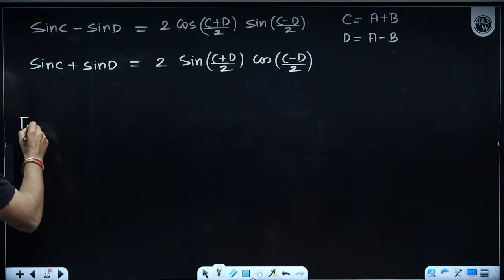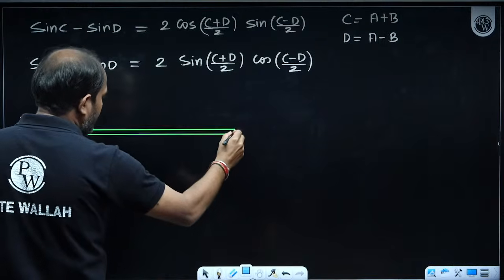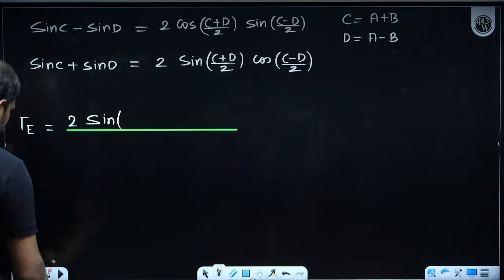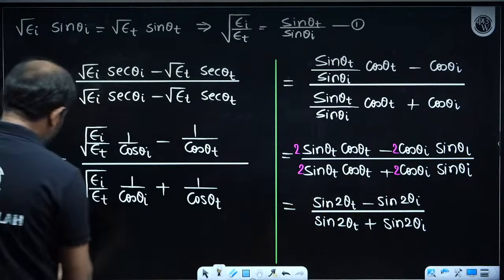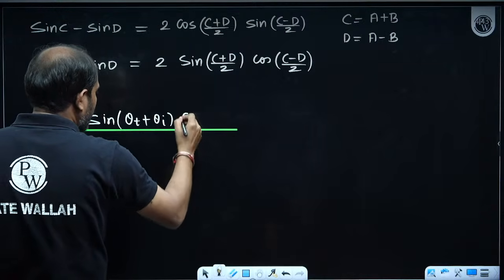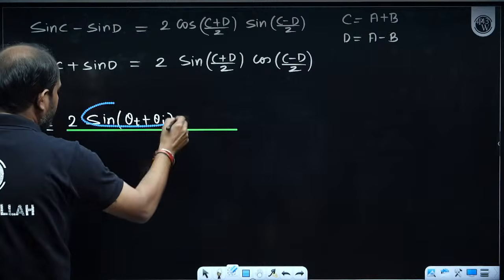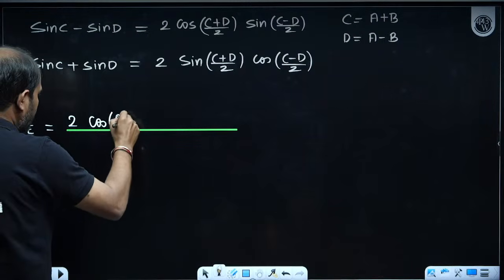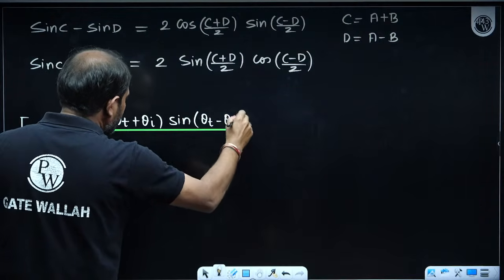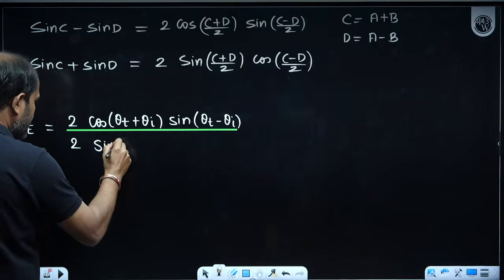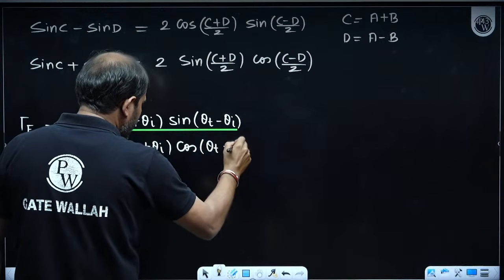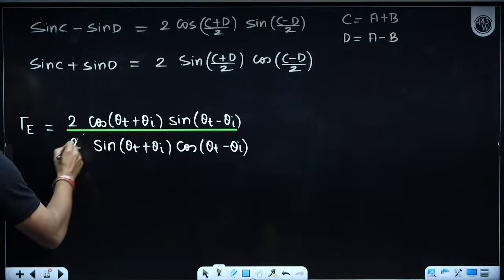So what we have, gamma is equal to 2 cos of (theta t plus theta I) sine of (theta t minus theta I), upon 2 sine of (theta t plus theta I) cos of (theta t minus theta I), since C is 2 theta t and D is 2 theta I. So 2 and 2 cancel out.